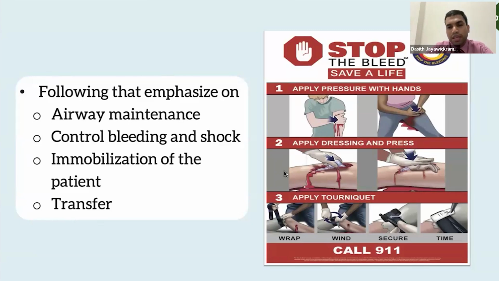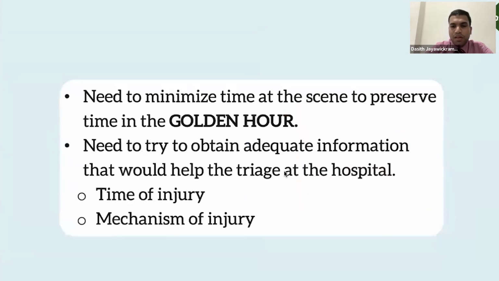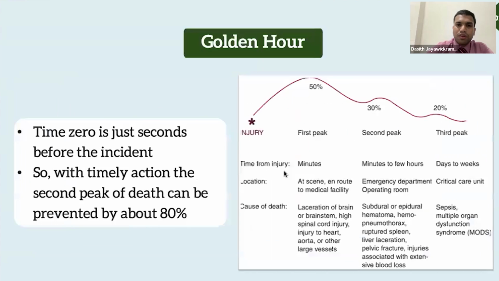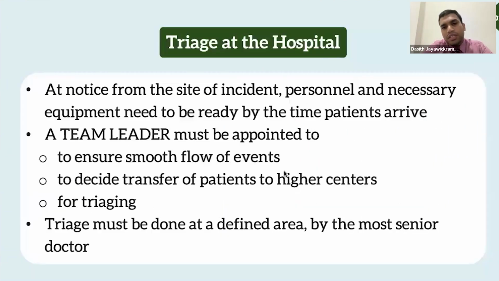Now what will happen at the hospital? Now we have been informed by the EMT and the police that there's going to be a mass casualty and patients are going to come in large numbers. So what is going to happen?